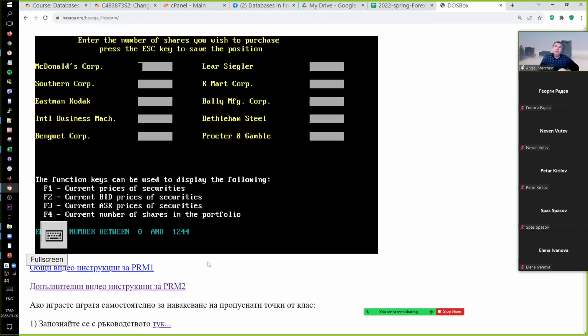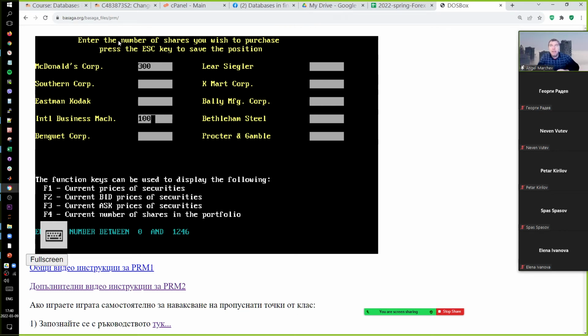1244. Basically this is the information from your clearinghouse or from your broker. You can say this is how much money you have, and basically if you want to buy something you type in a positive number, so 300, for example. I'm going to buy 300 shares from McDonald's and, I don't know, 100 shares from IBM, and I'm going to press escape.